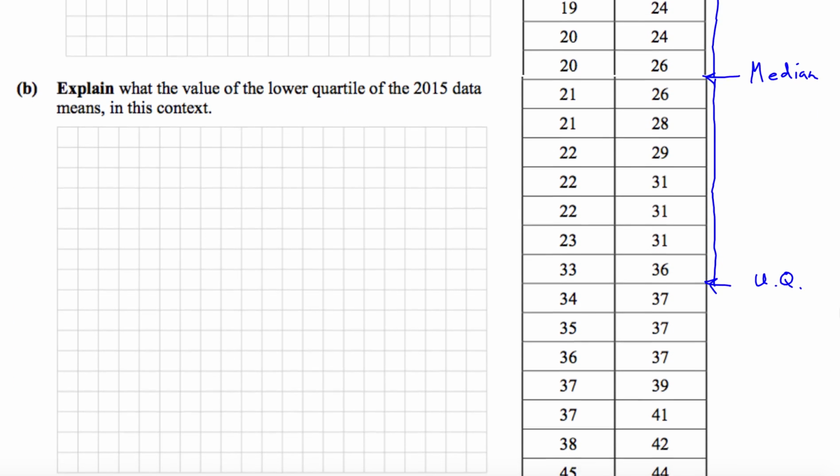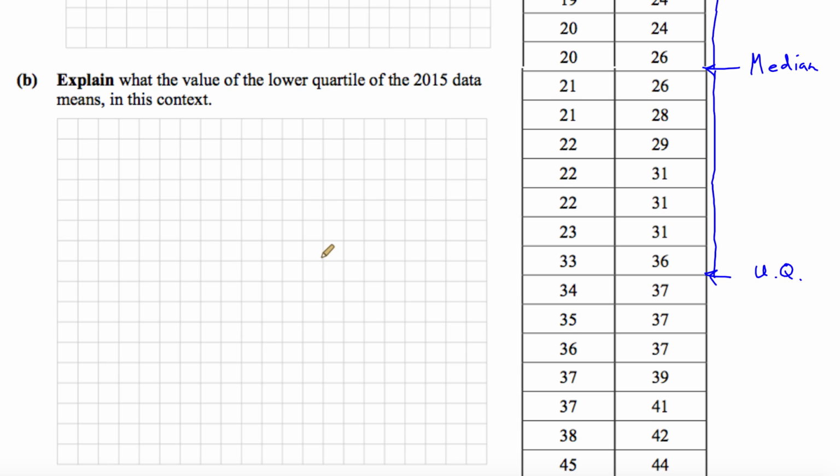Okay, so part B, explain what the value of the lower quartile of the 2015 data means in this context.